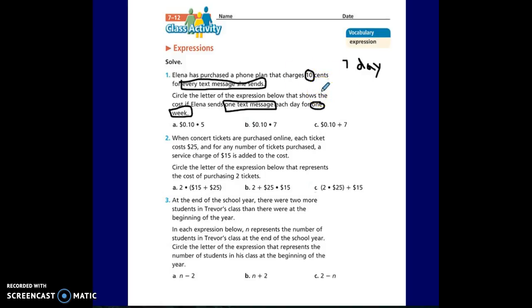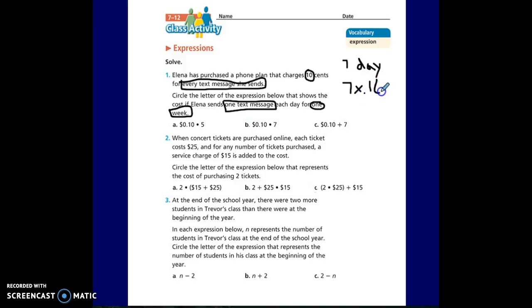So looking at that, I always like to think about how I would solve it before I look at the equations, because for some reason when I look at the equations, I tend to get really confused. It's easier for me to think of how I would solve this problem if I didn't have those equations written. So if I know that she's sending one text a day for 7 days and they cost 10 cents, I'm going to have to multiply 7 times that 10 cents in order to get my answer.